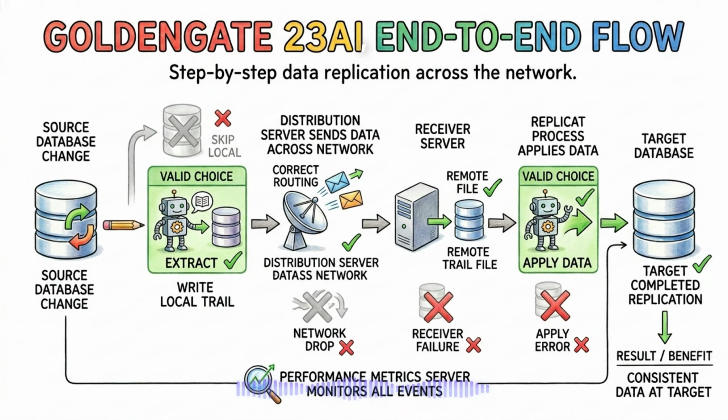The receiver server accepts it into a remote trail file. And finally, the Replicat process applies it to the target database, all monitored closely by the performance metrics server. If you can memorize this exact sequence of events, you will be in a fantastic position for both real-world troubleshooting and the certification test.